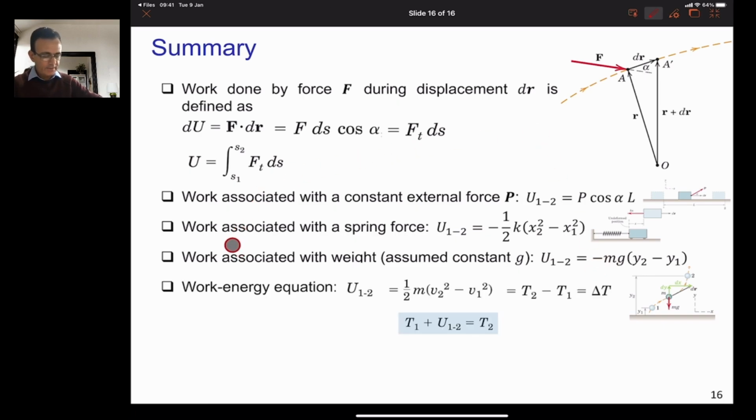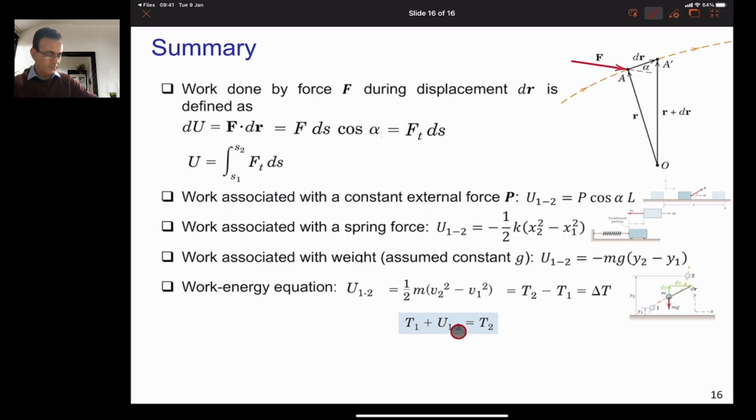And then finally we derived the work and energy equation, which is U12 equal to half m (v2 square minus v1 square). Half m v2 square is the final kinetic energy and half m v1 square is the initial kinetic energy, which we can write as delta T, the change in kinetic energy. So this is the equation of work and energy.